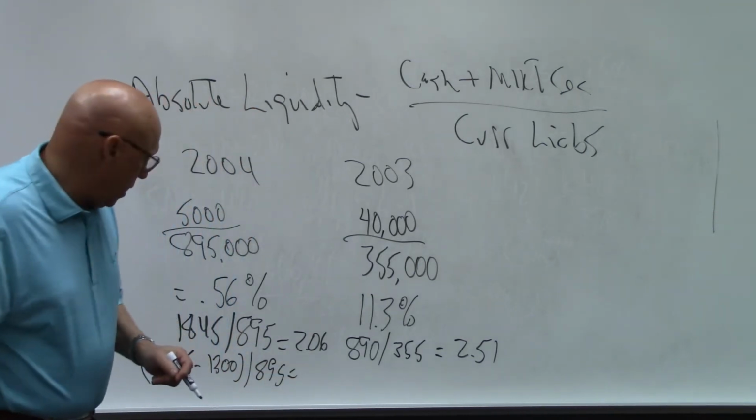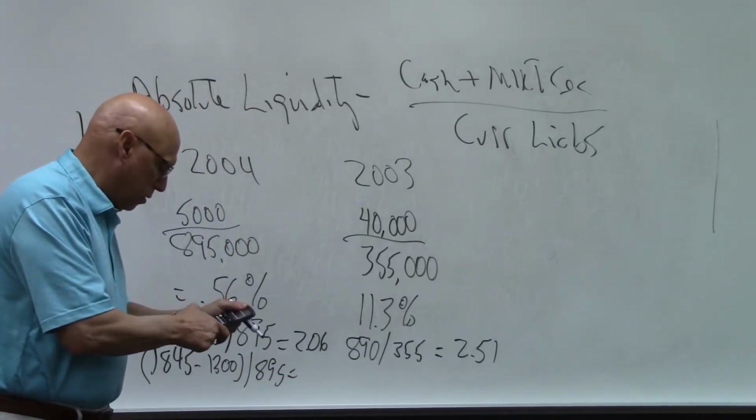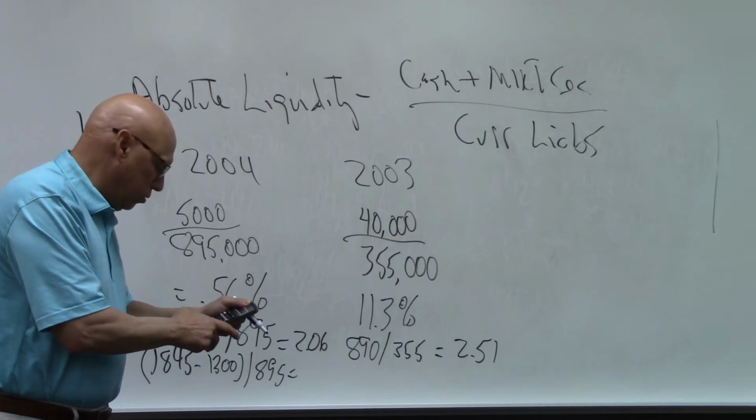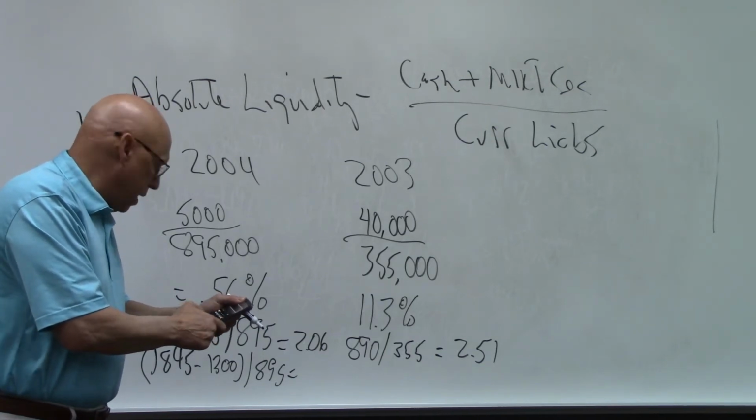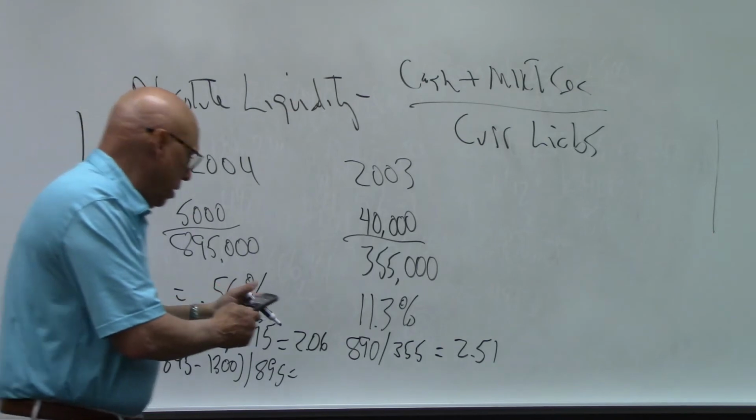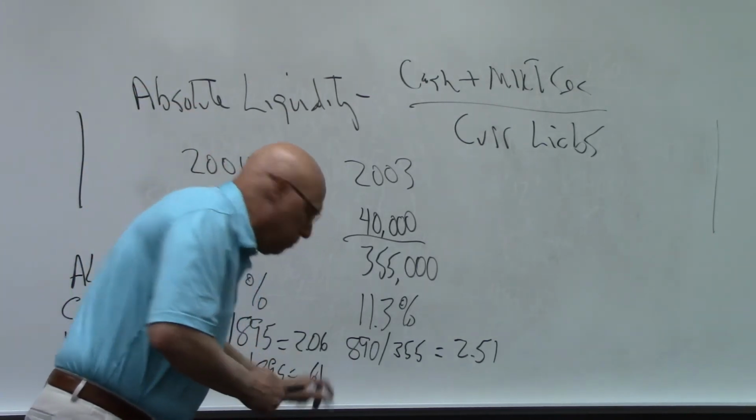So let's go ahead and do that. 1845 minus 1,300 divided by 895, and we get 0.61.